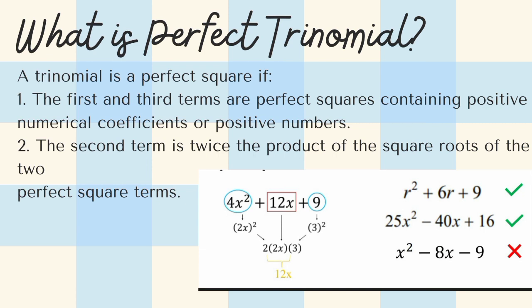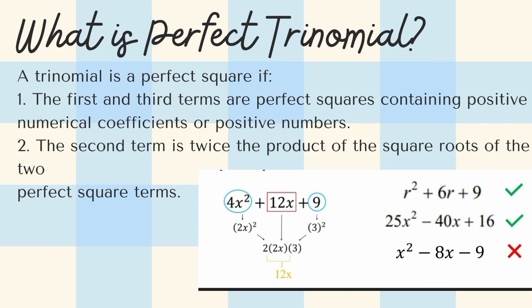First, let us know what a trinomial with a perfect square is. A trinomial is a perfect square if the first and third terms are perfect squares containing positive numerical coefficients or positive numbers. The second term is twice the product of the square roots of the two perfect square terms. As we see in the example, in the first statement, a trinomial is perfect if the first and third terms are perfect squares.